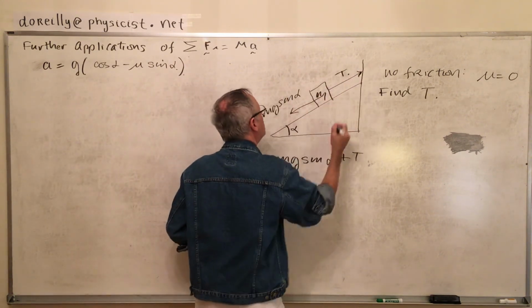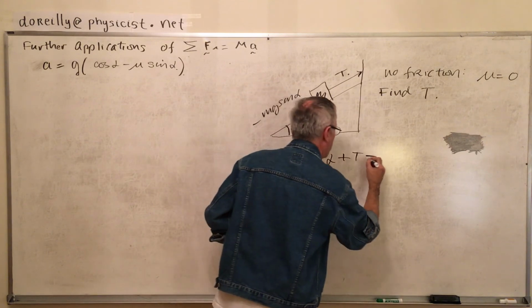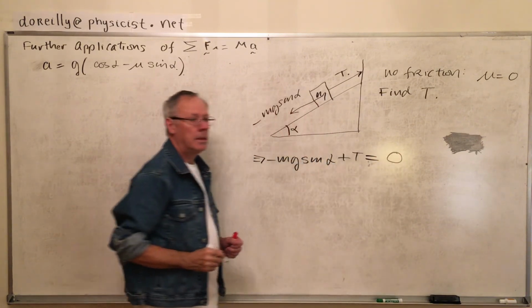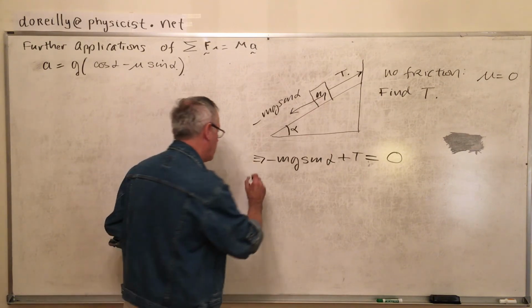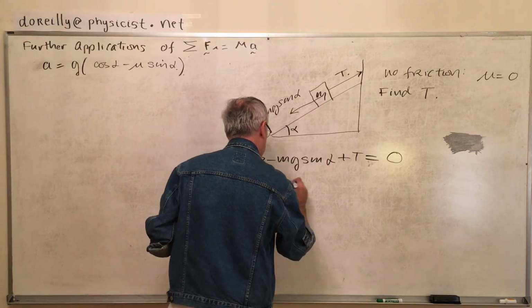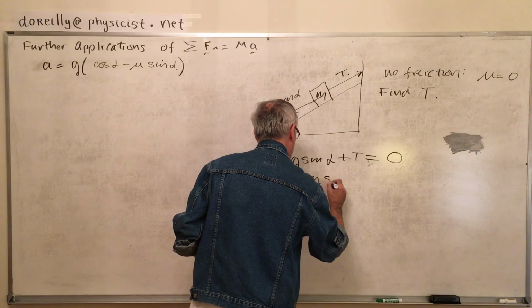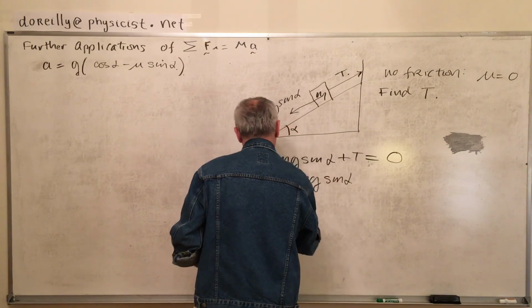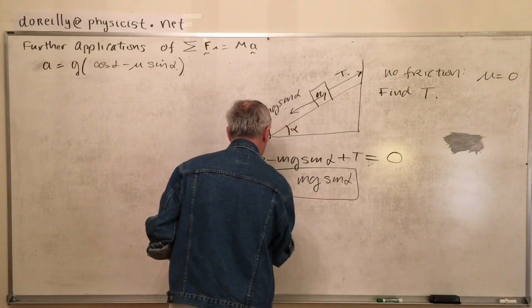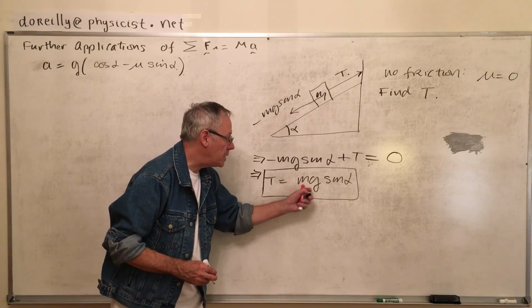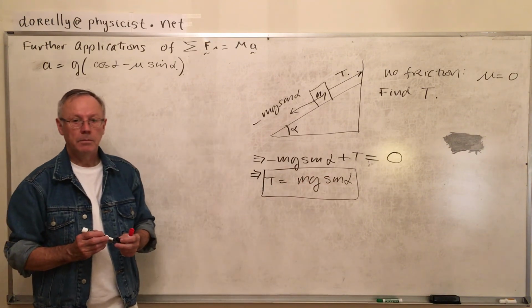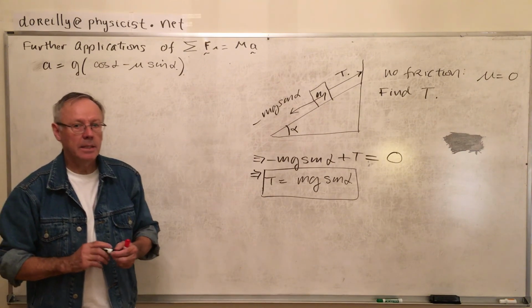This is the x direction, this is the y direction, and there is no acceleration in the x direction. So all we've done is we've adjusted T from being mg, which was the vertical case, to including a sine alpha in there. Yeah?